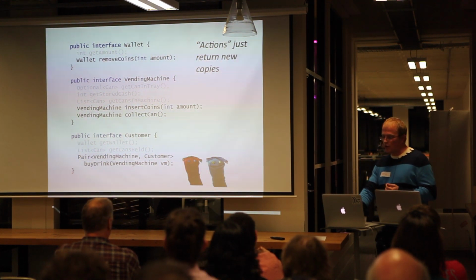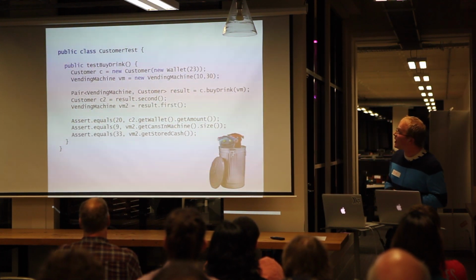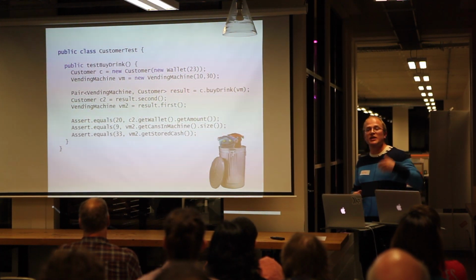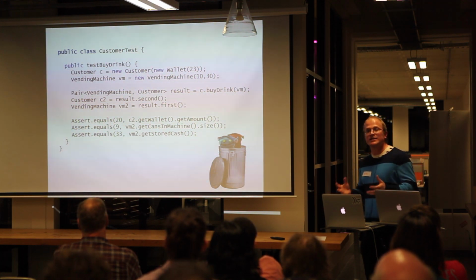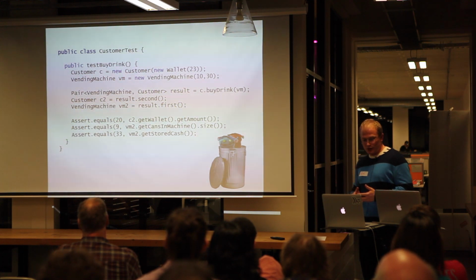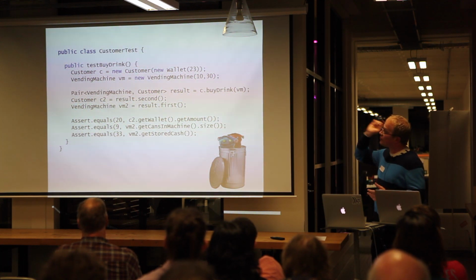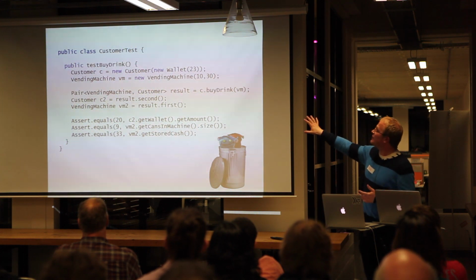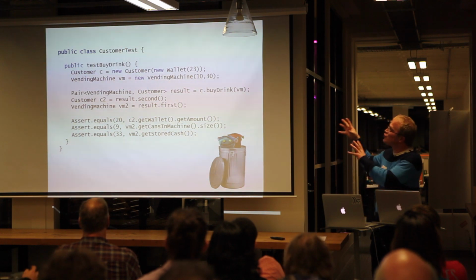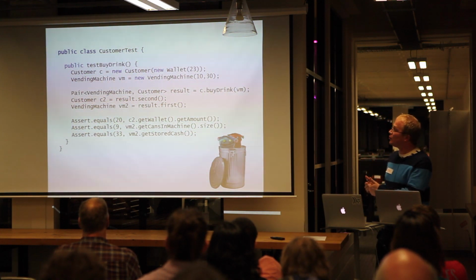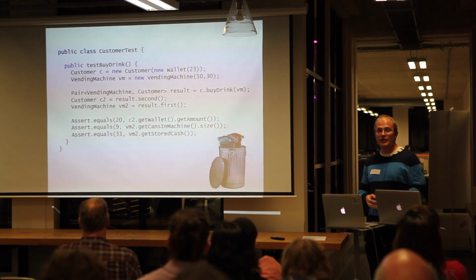And so now, when we test, we can put our mocks and stubs in the bin because the determinism in our input and output that we were trying to achieve is already there. It's baked into the code. We can just directly create the customer with a wallet with whatever state we choose here. We create a vending machine. We buy a drink that results in a new vending machine and customer state, all immutable, and then we just check that those states have what we care about.